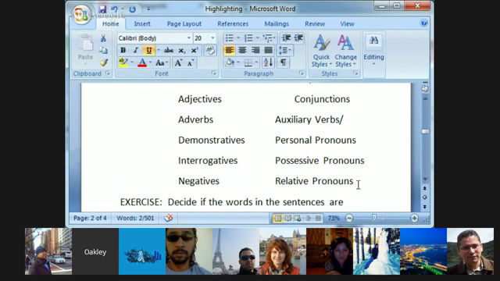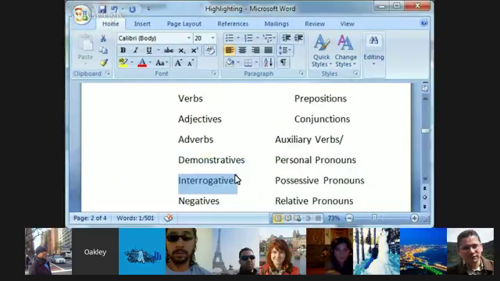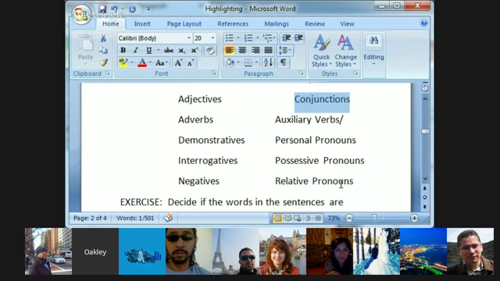You've got some confusing ones. For example, relative pronouns can also be the same word as an interrogative, right? Yeah. And the strong demonstrative "that," as in "that pencil is broken," has a lot of functions in English. It can be a conjunction, and it can also be a relative pronoun.